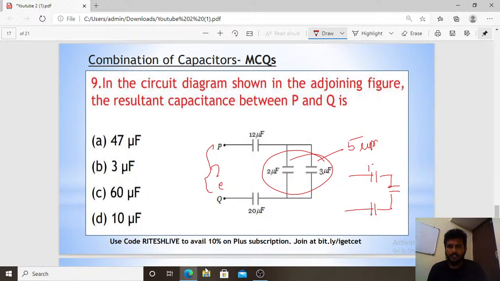Okay, so that is 12, and here it is 5, here it is 20 microfarad, and you will get the resultant equivalent. Sorry, this is capacitance, right? Not a resistance. C equivalent is 1 by 12 plus 1 by 5 plus 1 by 20, whole inverse. So the answer is the ninth one.